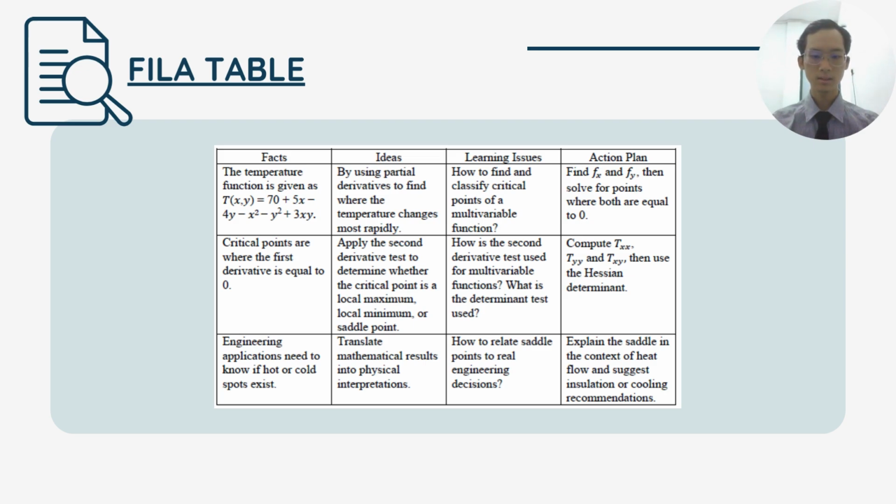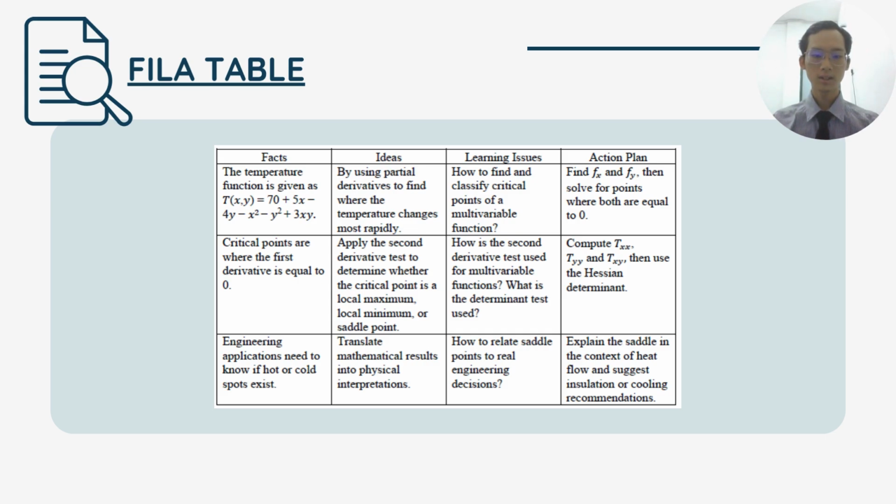What is the determining test used? The action plan that we take is to compute Txx, Txy, and Tyy. Then we use the Hessian determinant to calculate it. And the last one is engineering applications, needed to know if hot or cool spots exist.